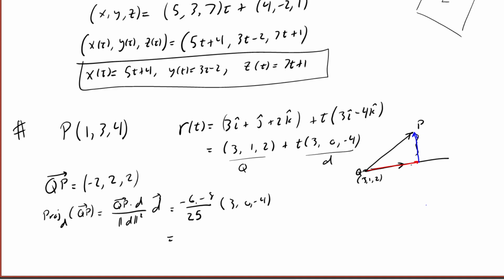So that's the vector -14 over 25 times (3, 0, -4).